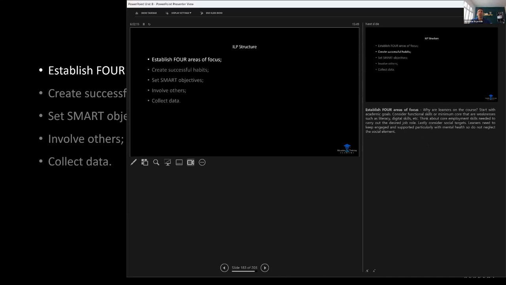You've got your 4 areas of focus. So why are learners on the course? You might want to start with the academic goals and the reasons for them. The next aspect is to consider functional skills or minimum core that are weaknesses, and in this case might be literacy, digital skills, or even core employment skills, which you'll need to carry out the desired role. So within security, what other employability skills would they potentially need to work on?